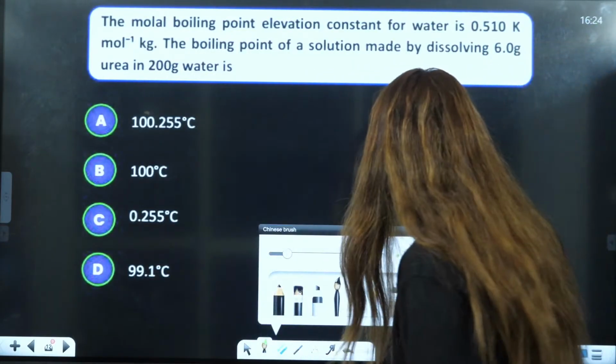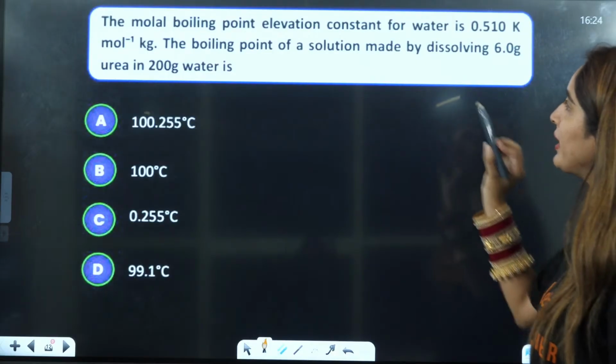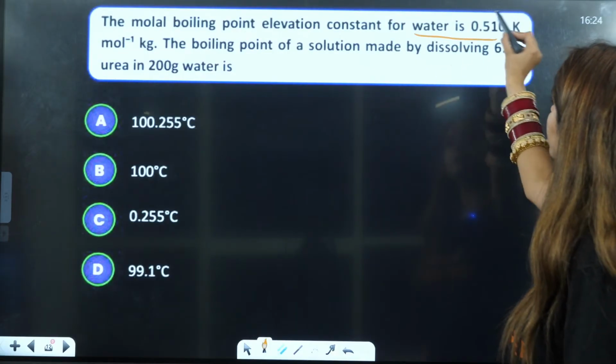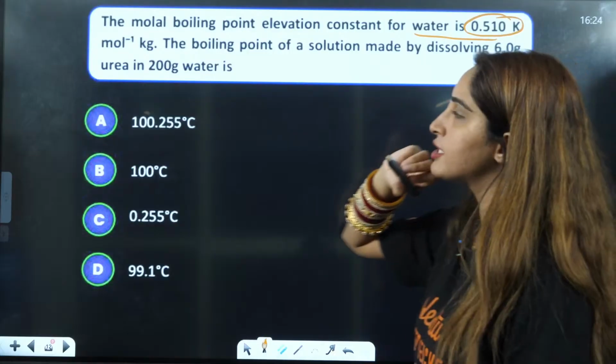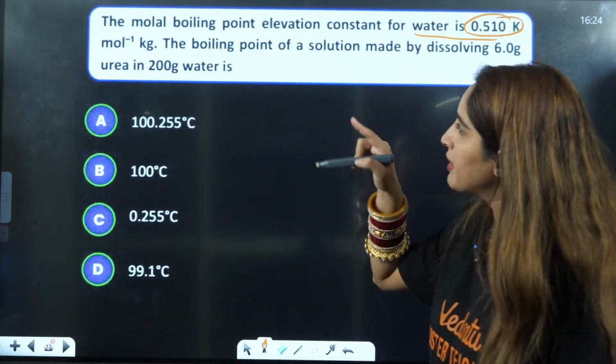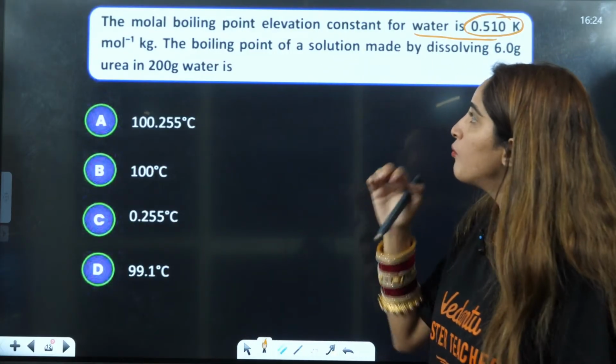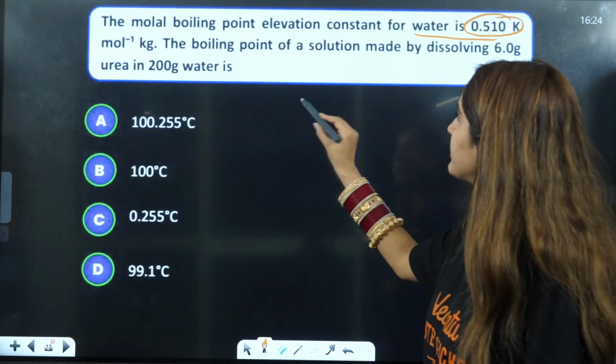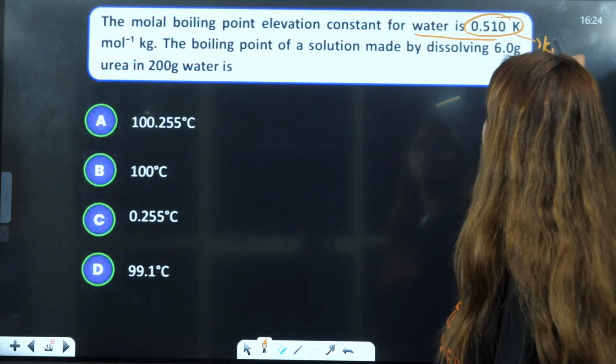Next is, the molar boiling point elevation constant for water is 0.510 Kelvin per mole kg, right? That means Kb is given to you.